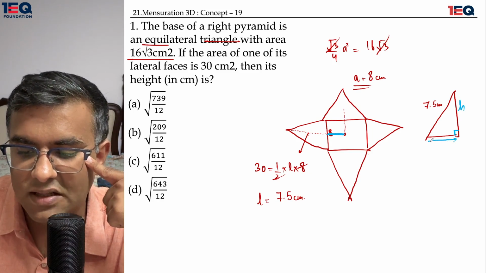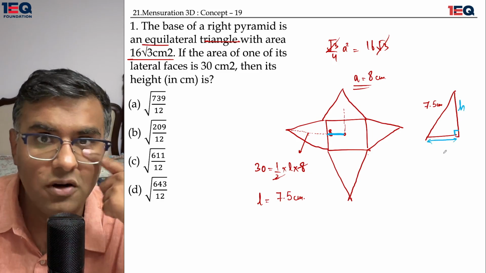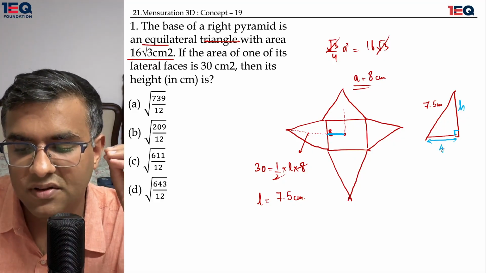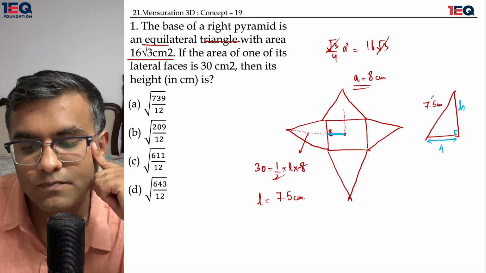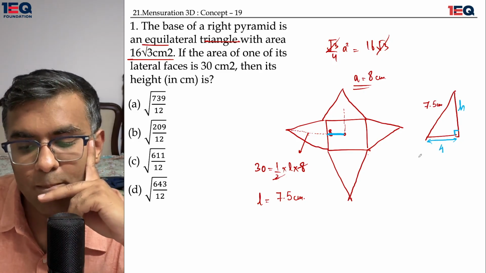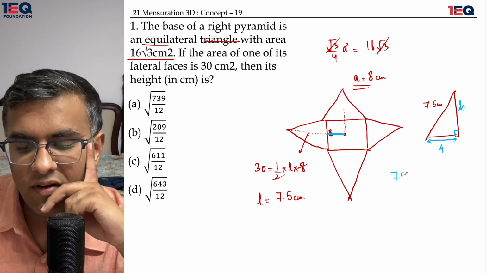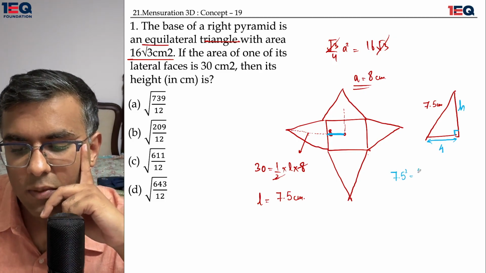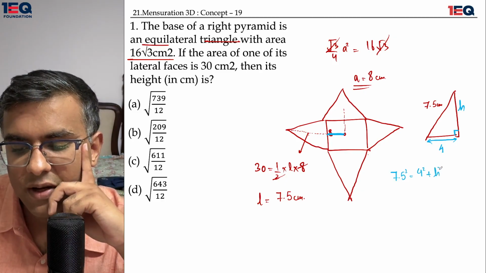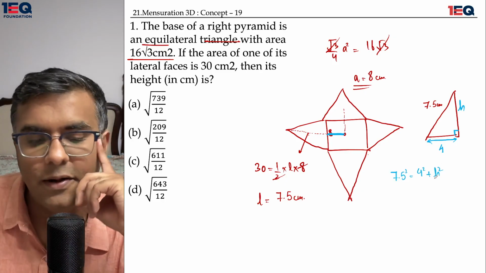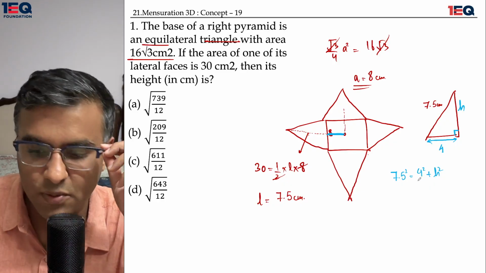This baseline is nothing but a upon 2. The value of a is 8, so a upon 2 is 4. So I have 7.5 square being equal to 4 square plus h square.